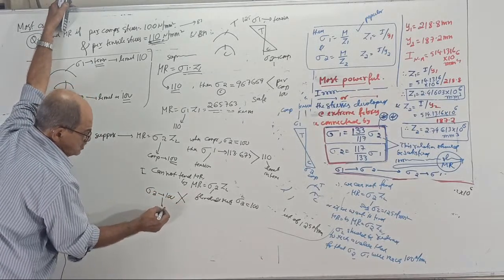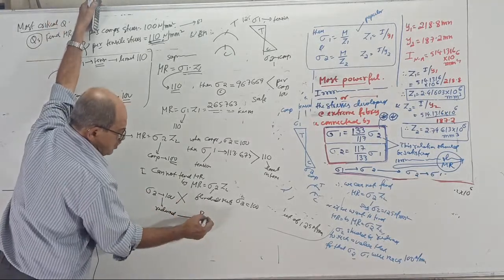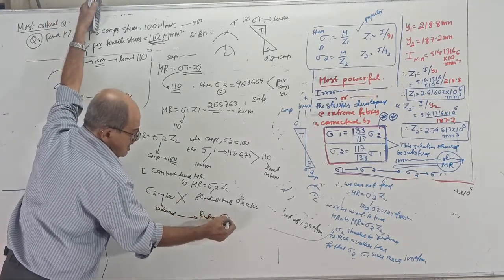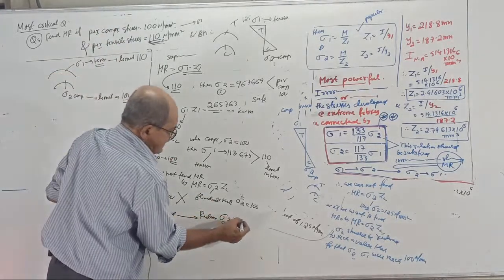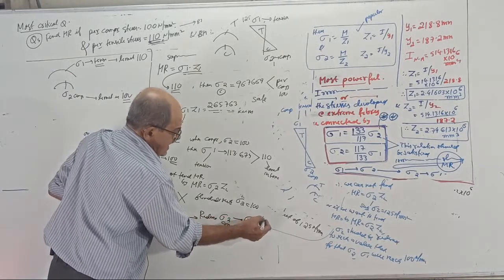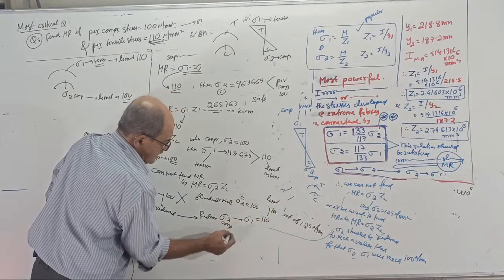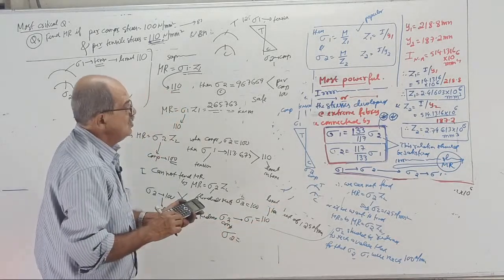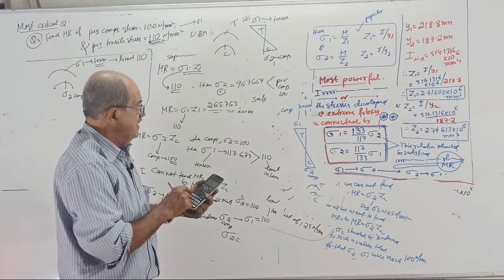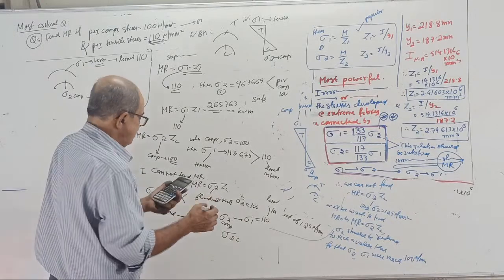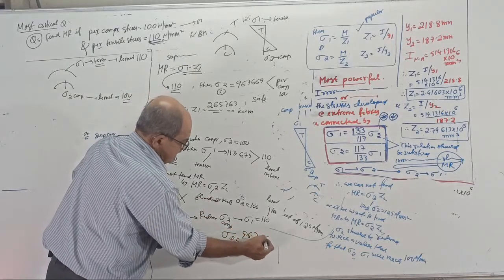It should be reduced. How to reduce? You know it. Reduce sigma 2, that is compression, to such a value that at that time sigma 1 reaches 110, the limit in tension. So sigma 2 will be equal to 110 into 117 by 133, that is 96.7669.